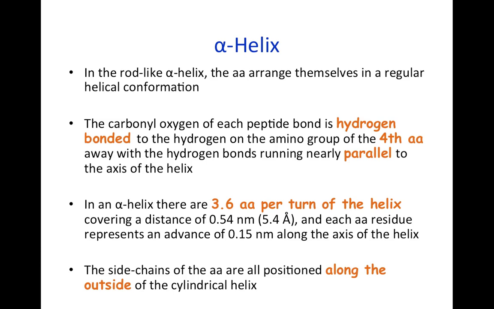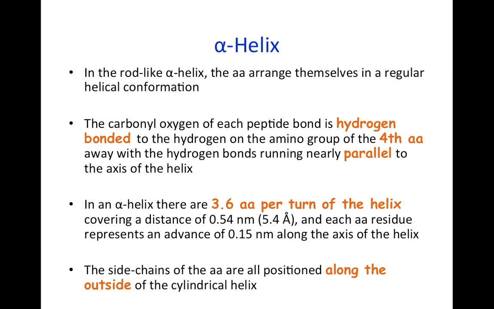In an alpha helix, there are 3.6 amino acids per turn of the helix, covering a distance of 0.54 nanometers, and each amino acid residue represents an advance of 0.15 nanometers along the axis of the helix. The side chains of the amino acids are all positioned along the outside of the cylindrical helix.